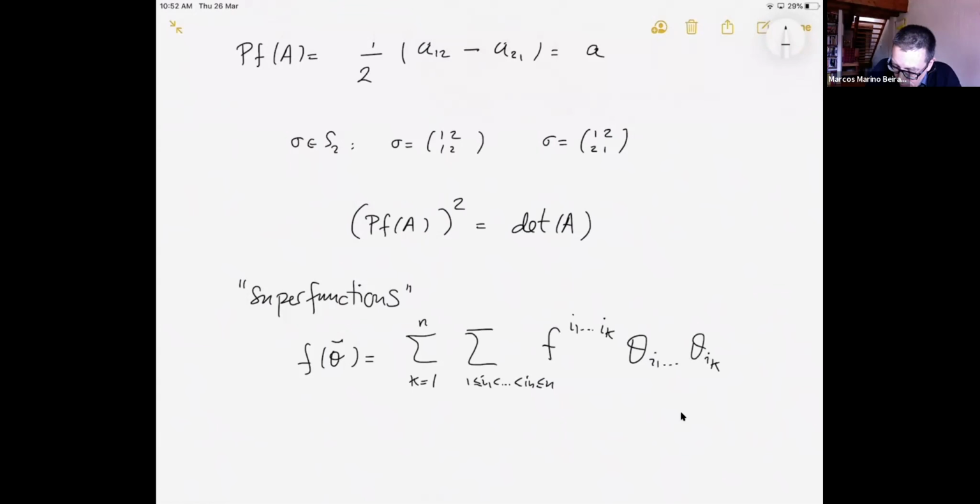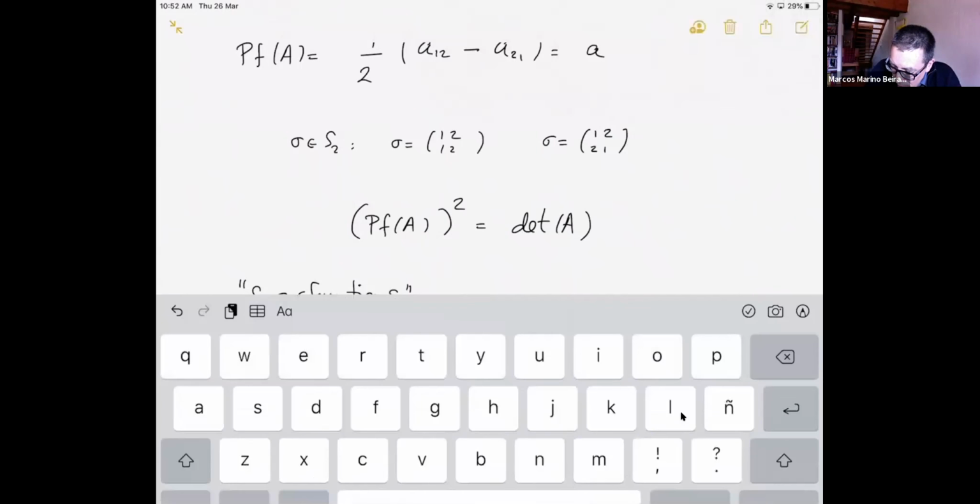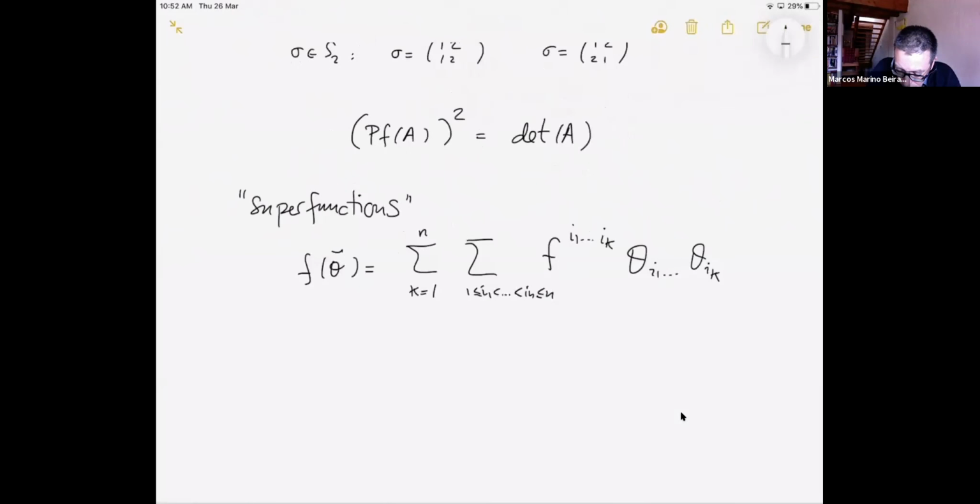And here, these F's were complex numbers, okay? So this is a function of the thetas, but the coefficients themselves are not functions of anything else. They are just constant numbers.